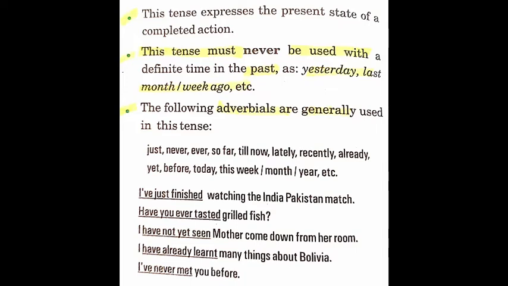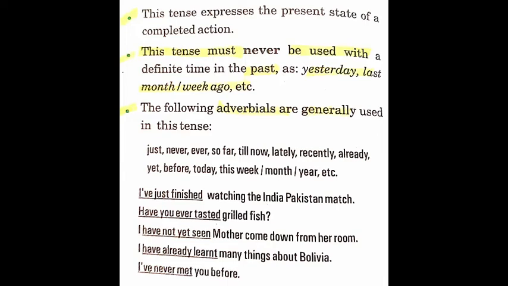So, with verbs of present, please do not use yesterday, last month, last week, etc. If you say, "He has done this exercise last Sunday," it will be incorrect. With last Sunday, you will have to use past tense. In present perfect tense, you are not allowed to use the second form of the verb. You have to use has, have plus the third form of the verb.